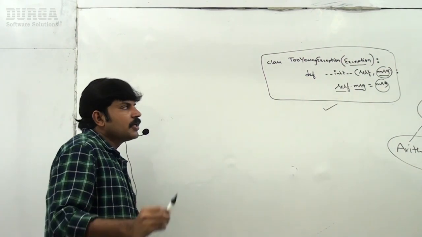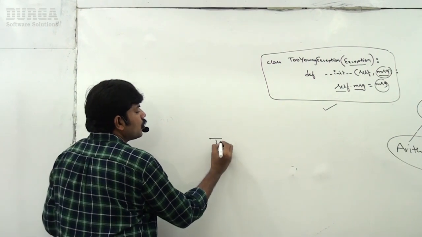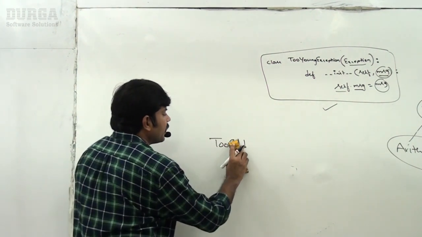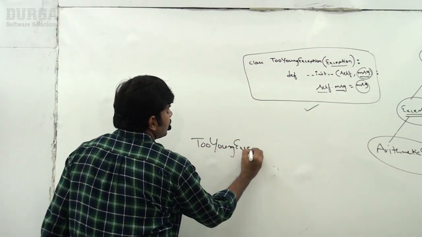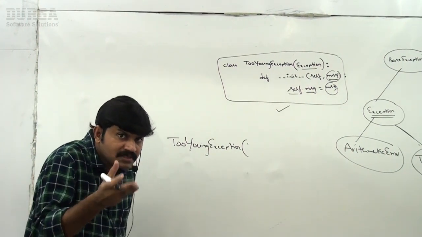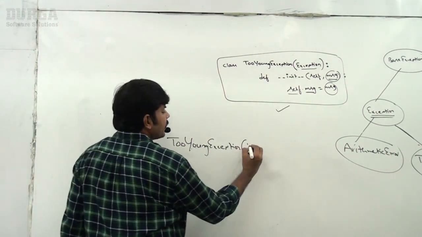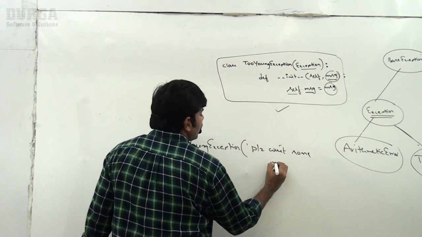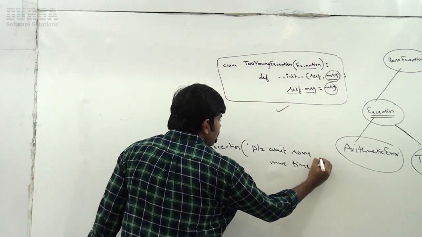Very simple. Create an object for this class. I am taking TooYoungException and just pass the description, whatever description you want: please wait some more time, definitely you will get the best match.